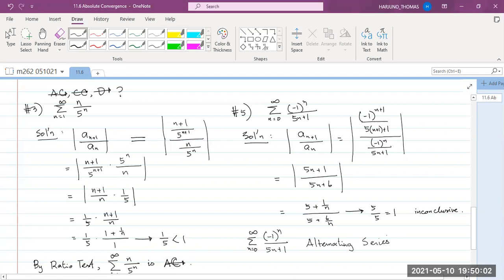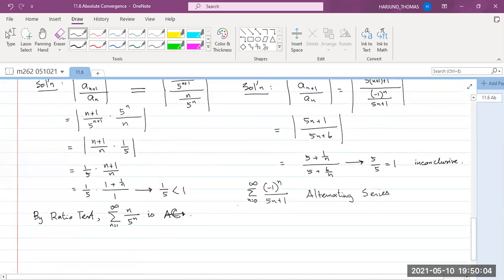So I will just use the alternating series test, where the Bn is the positive part. We know this is convergent to 0. Right, alternating, convergent to 0. So this series is convergent.